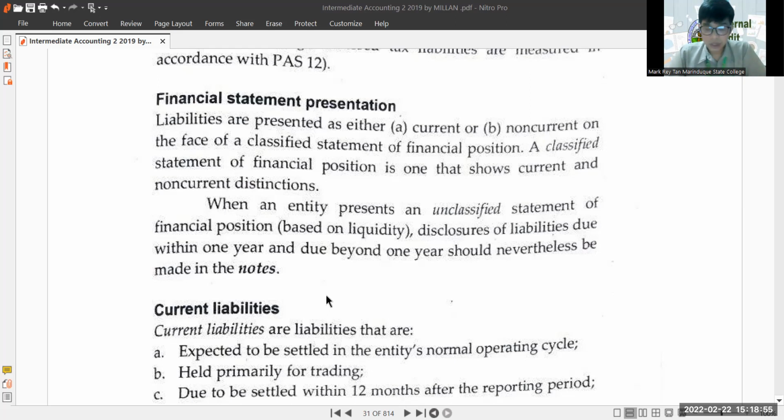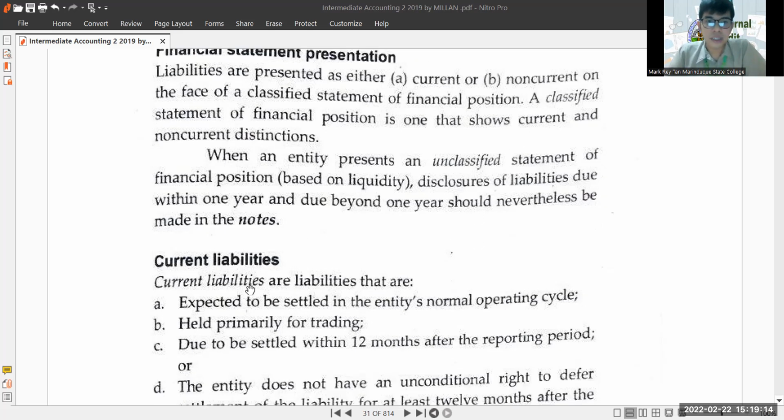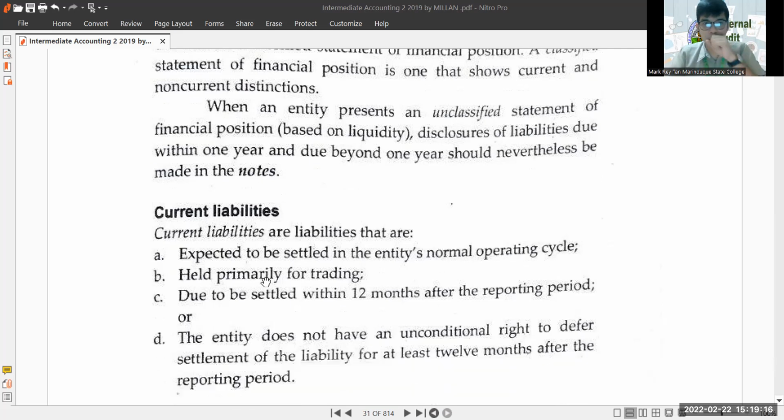Since the general rule is to present the statement of financial position based on classified presentation, current and non-current, we will discuss current liabilities. So when do we know if liabilities are current?